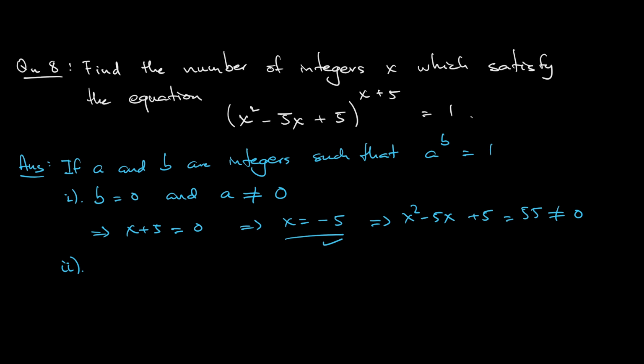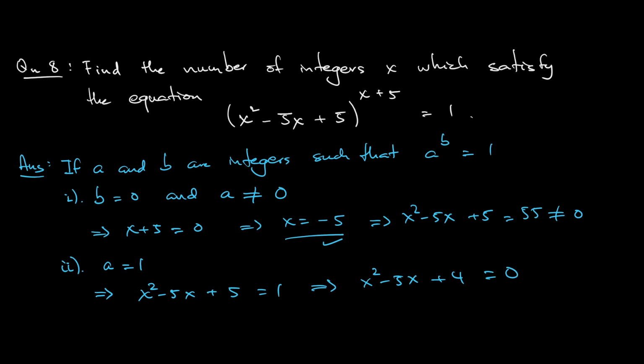Second case. What else can make a raised to the power b equal to 1? What is the other condition? As long as the base is 1. If the base is 1, whatever the power is, 1 raised to the power of whatever will equal 1. So x squared minus 5x plus 5 is equal to 1, so x squared minus 5x plus 4 is equal to 0.